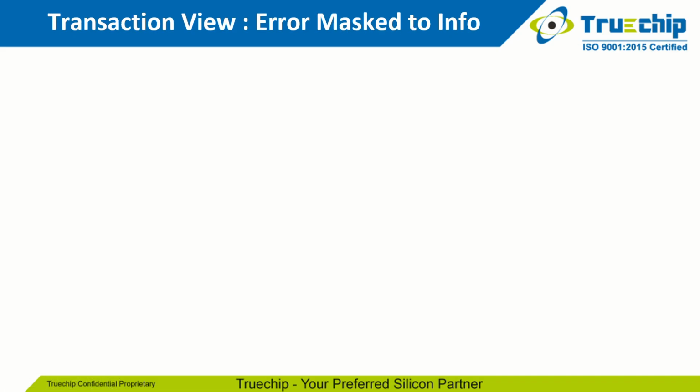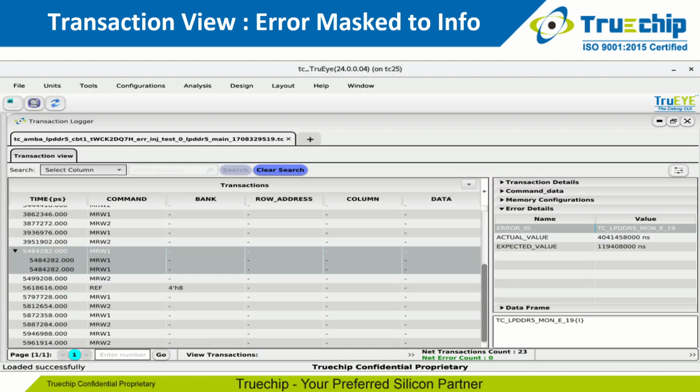Now let's talk about another feature of the GUI, that is transaction view with fatal monitor errors masked into info. Sometimes there comes an error for a particular scenario and the user wants to mask the error from UVM fatal to UVM info. For any reason, the user can also change to warning or fatal.